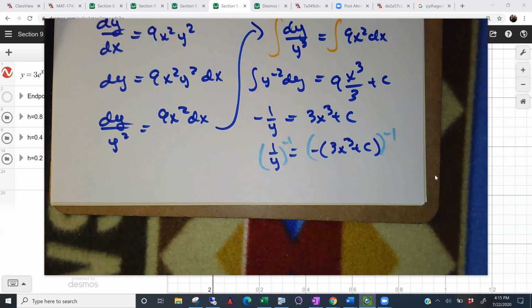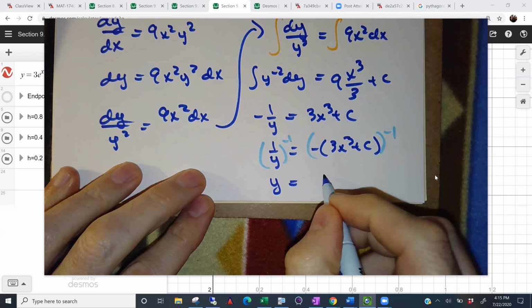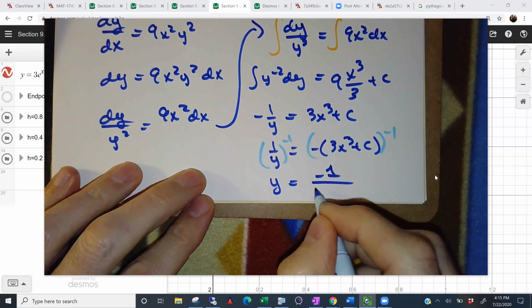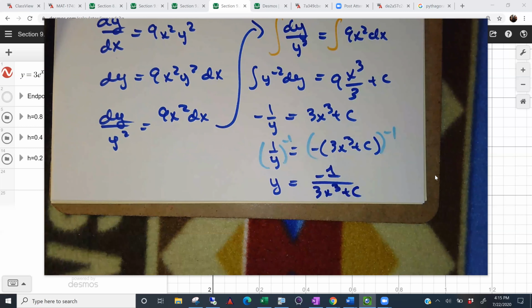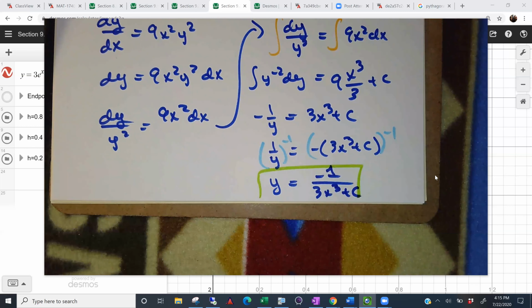So that's going to take the reciprocal. That's going to give me a y here, and the negative I'll keep up top, -1 over 3x cubed plus a constant. And there's your solution. That's your solution for y. Beautiful.